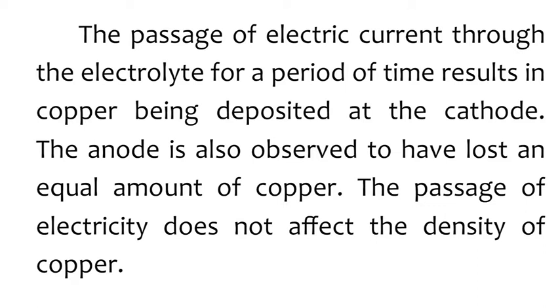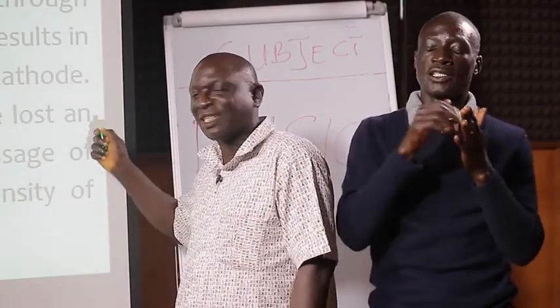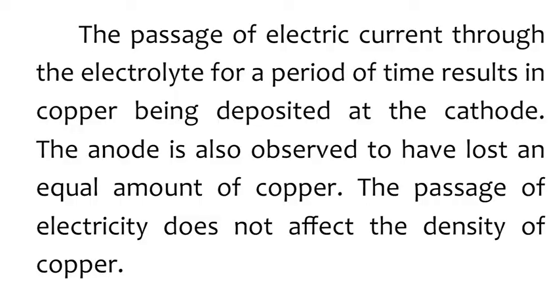As copper is being deposited at the cathode, at the anode it is observed that copper is being lost, and the amount that is being lost is equal to the amount that is being deposited at the cathode. The passage of electricity does not affect the density of the copper.